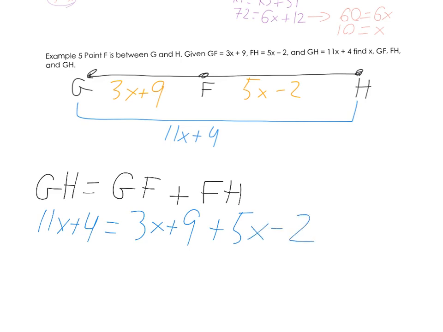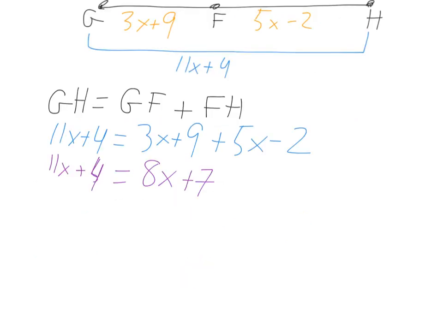Let's combine our like terms. We still have our 11x plus 4 on the left side, but on the right side, well, 3x plus 5x gives us 8x, and then 9 minus 2 gives us plus 7.